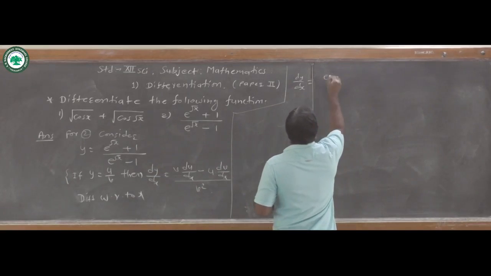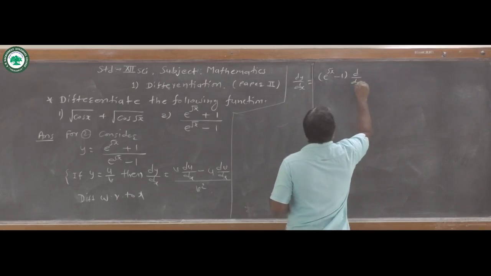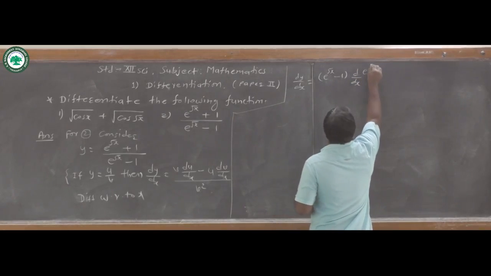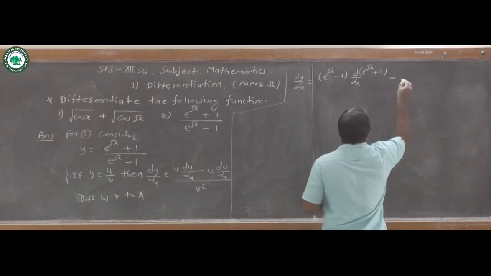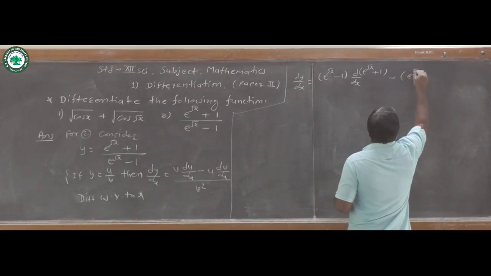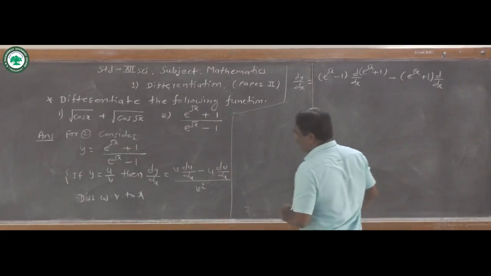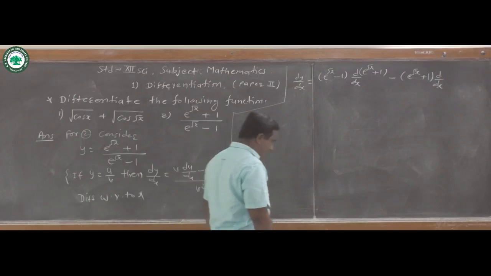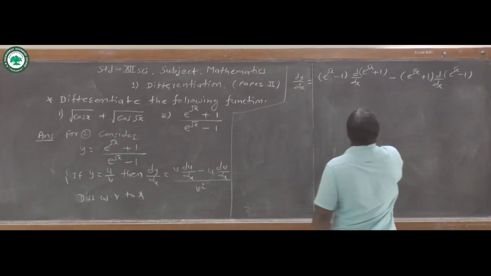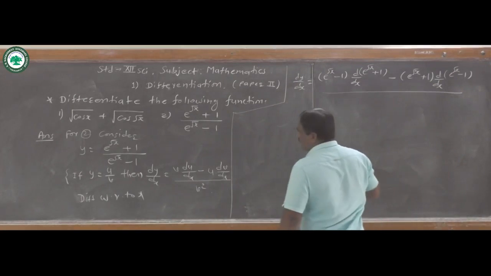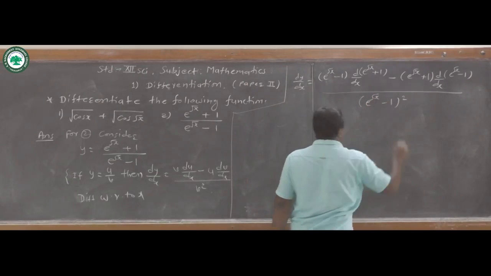Therefore e raised to root x minus 1 into d by dx of e raised to under root x plus 1, minus e raised to under root x plus 1 as it is into d by dx of e raised to under root x minus 1, divided by v square, that is e raised to under root x minus 1 bracket square.